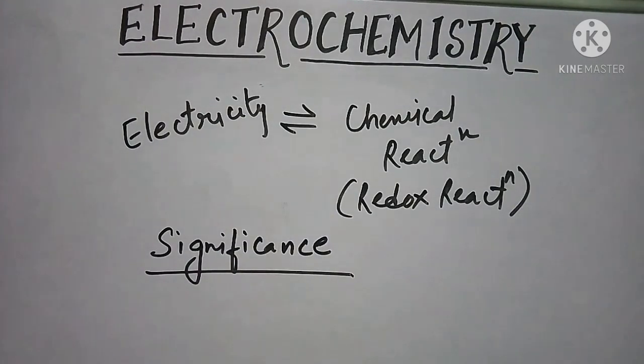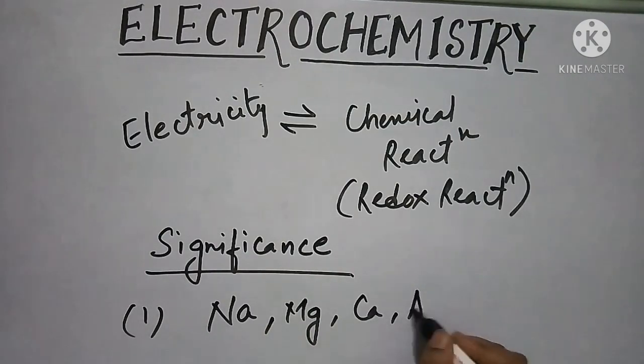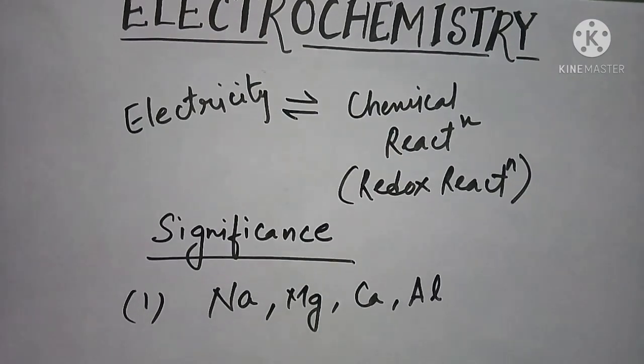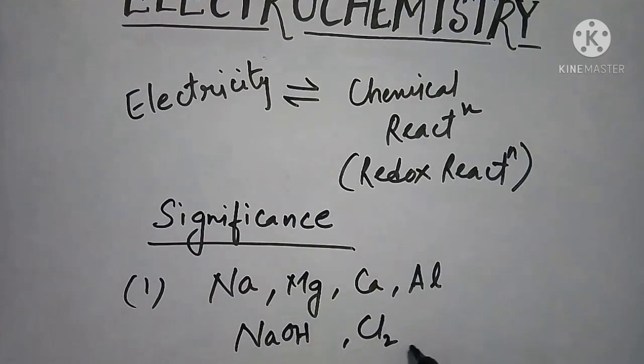Electrochemistry has great theoretical as well as practical importance in our daily life. For example, a number of metals like sodium, magnesium, calcium, aluminium, and a number of other compounds or chemicals like NaOH, Cl2, and F2 can be produced commercially, that is, at the industrial level.